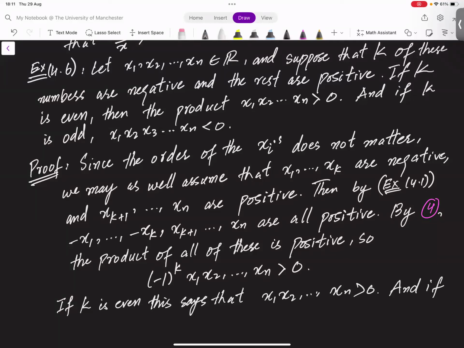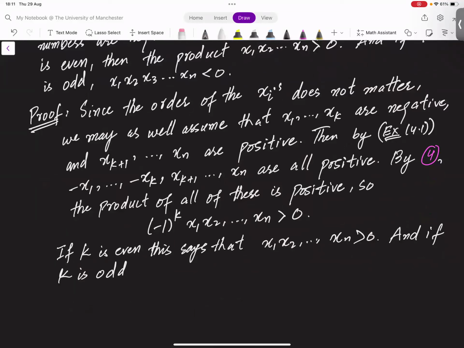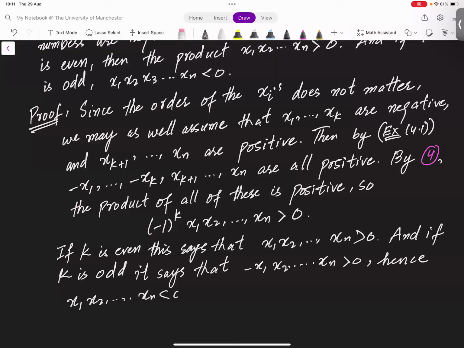And if k is odd, it says that minus x1, x2 up to xn is greater than 0, hence the product is less than 0. True. Okay.